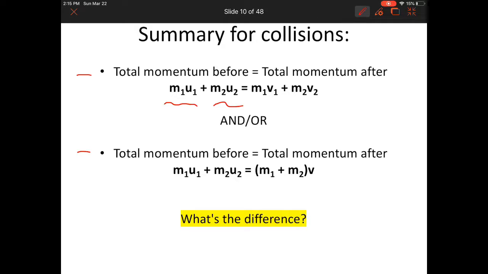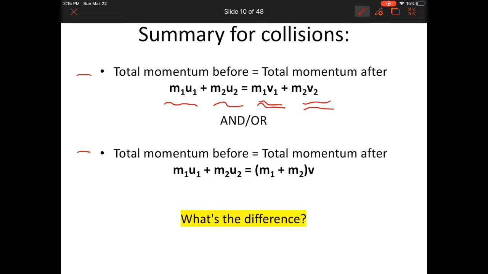So after, they will have total momentum being the momentum of object 1 and 2. Here I use u to signify the velocity before, and v to signify the velocity after. That is a common thing we do in physics. U meaning initial velocity, v meaning final velocity.